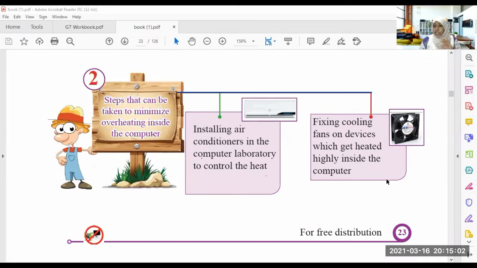We should send this heat outside the computer laboratory and keep the computer laboratory cool. So to control the heat, we use this air conditioner. Next one, fixing cooling fans on devices which get heated highly inside the computer.